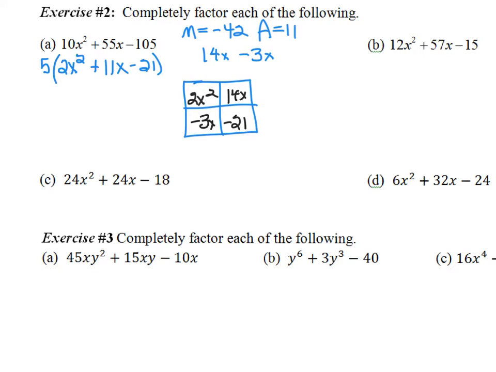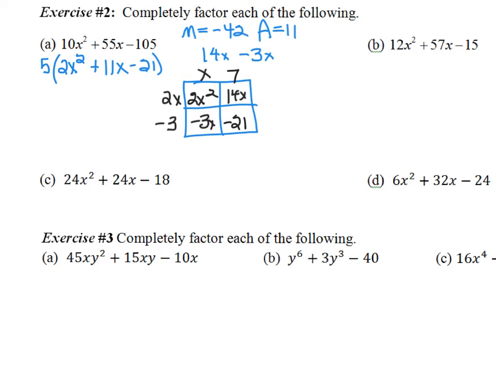So let's look for a GCF on the top row. That, of course, is going to be 2x. Bottom row, I'm going to take a negative 3 out of both of them. First column, I'm going to take out an x. And for the second column, I'm going to take out a 7.